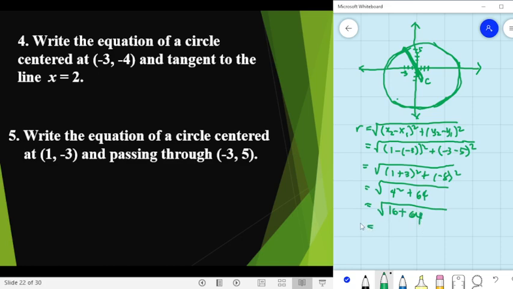That's why our R is the square root of 80, in which R squared is 80. Okay?